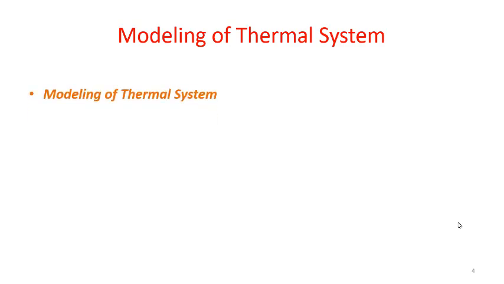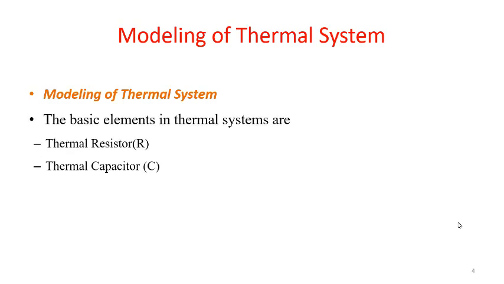So in the modeling of thermal system, like any other physical system, mechanical and electrical, here also we are having the systems associated with thermal. The basic elements in thermal system are the thermal resistance and thermal capacitance.